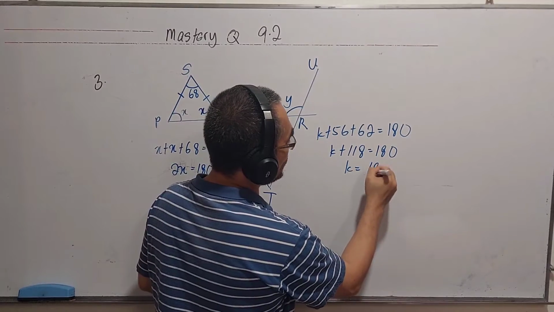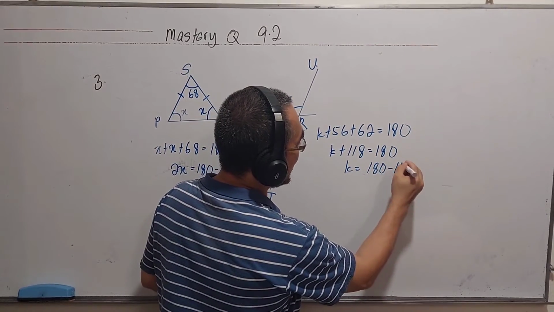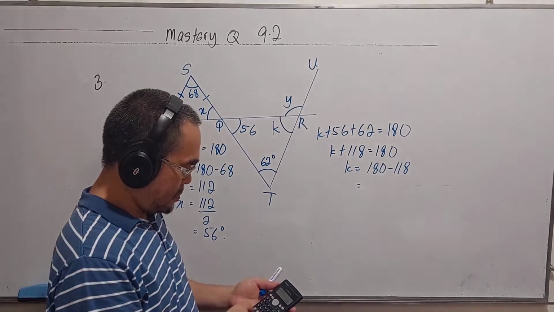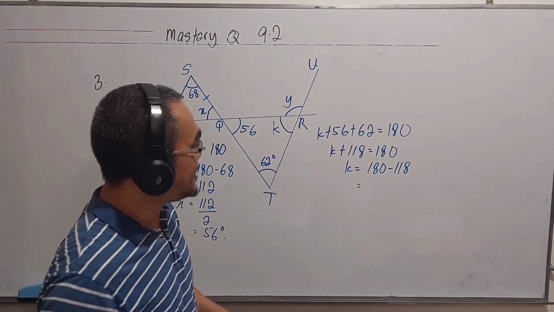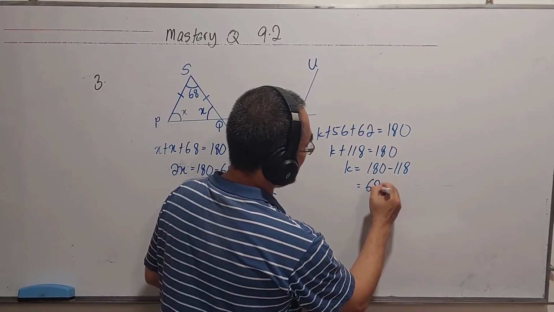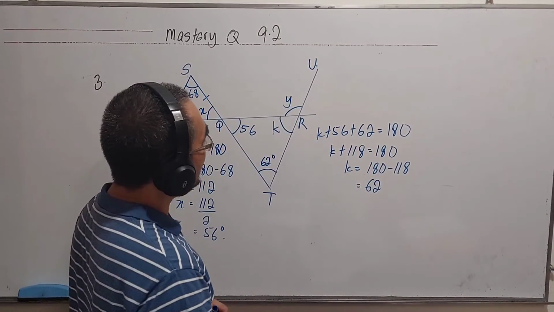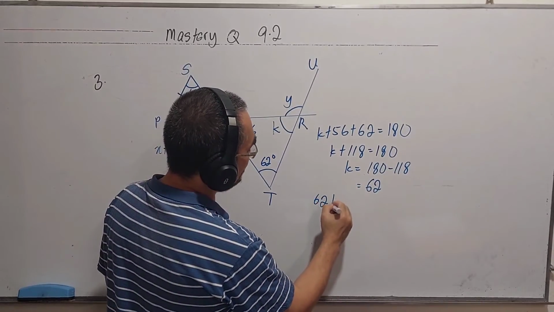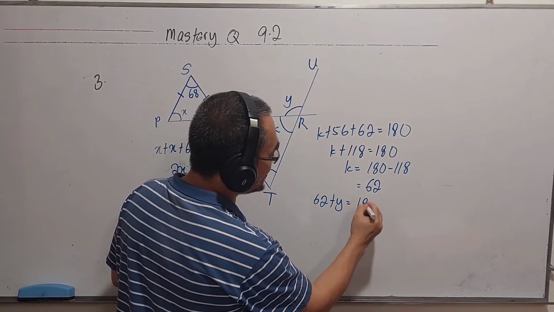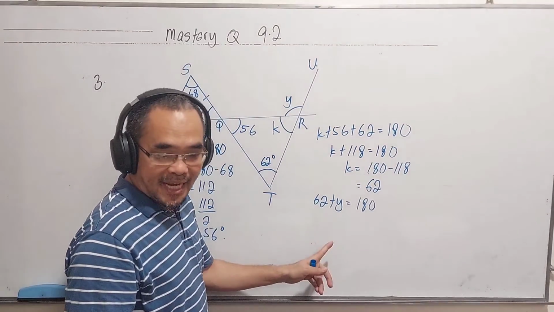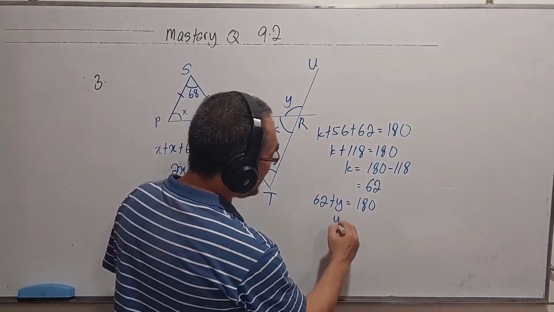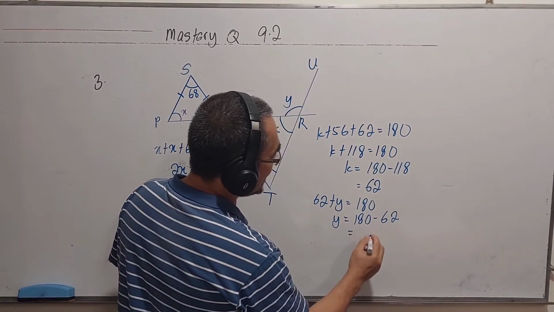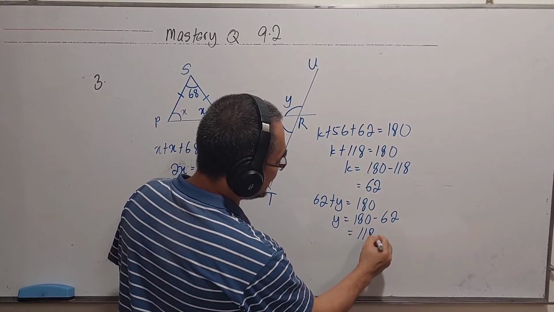So K will be 180 minus 118, which is 62 degrees. And then K and Y are on a straight line. So 62 plus Y will be 180, properties of a straight line. So Y will be 180 minus 62, which is 118.